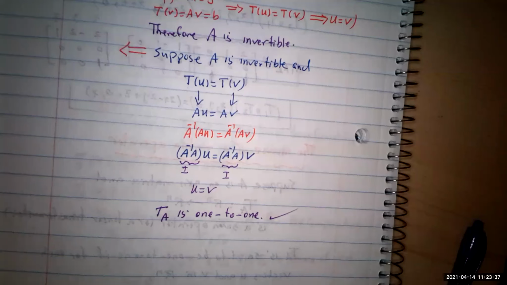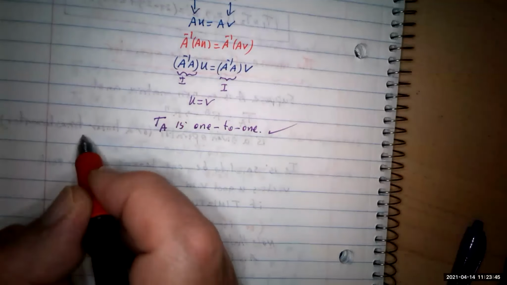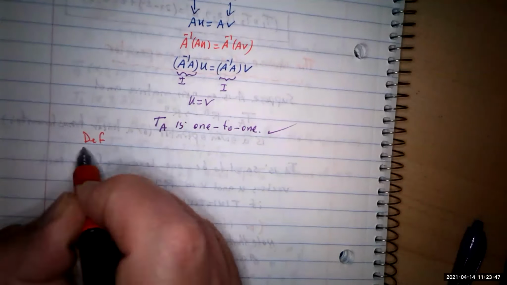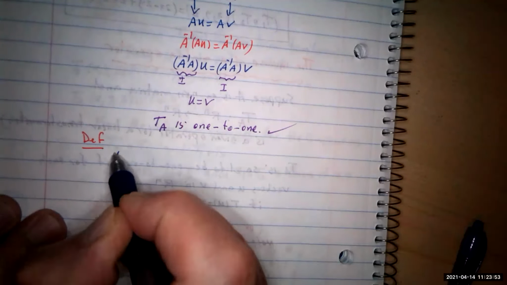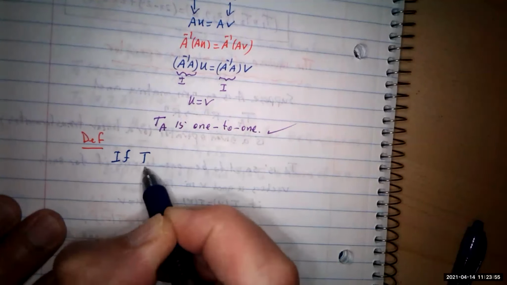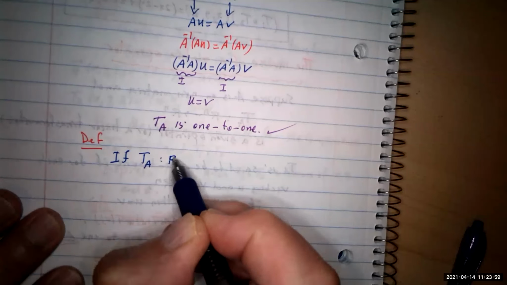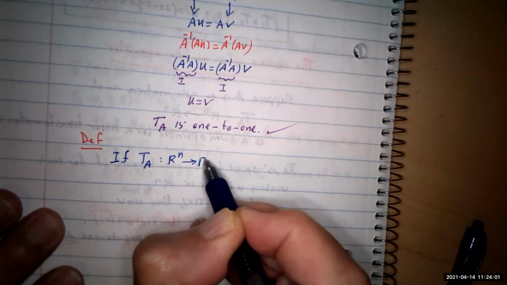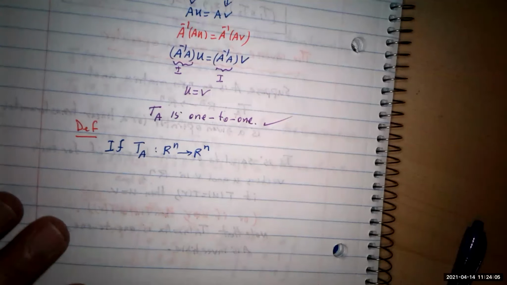Okay, so now we give you the definition of the inverse of this linear transformation. So the definition is, if you give me a linear operator, if T_A from Rn to Rn must be an operator. You cannot define the inverse of a linear transformation in general.